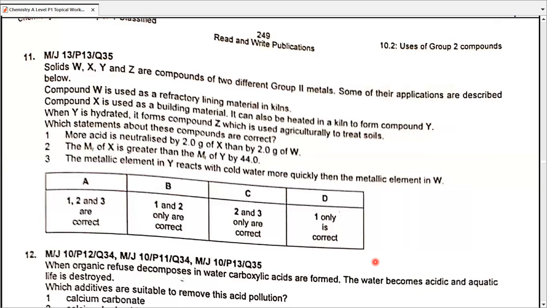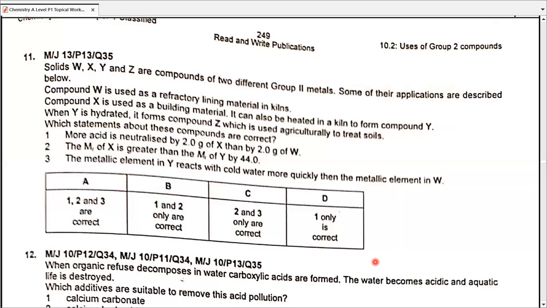And compound W is magnesium oxide. So when calcium carbonate is heated, it forms calcium oxide and carbon dioxide. When Y is hydrated, it forms compound Z, calcium hydroxide, which is used agriculturally to treat soils. So the metallic element in Y reacts with cold water more quickly than the metallic element in W.